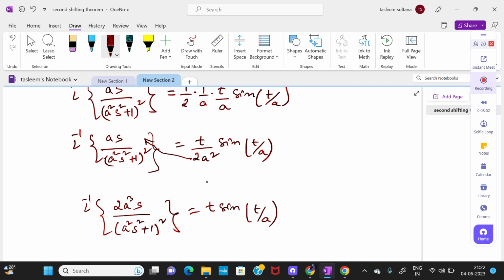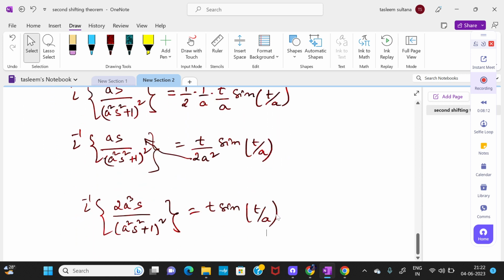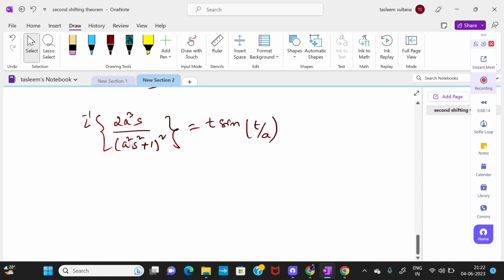Now what a value are you going to substitute here? See the question: 8s divided by 4s square plus 1 whole square. So a is equal to 2.